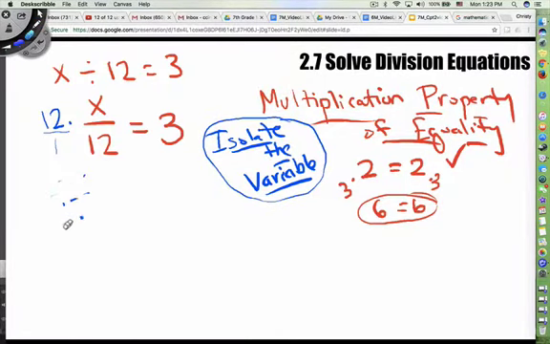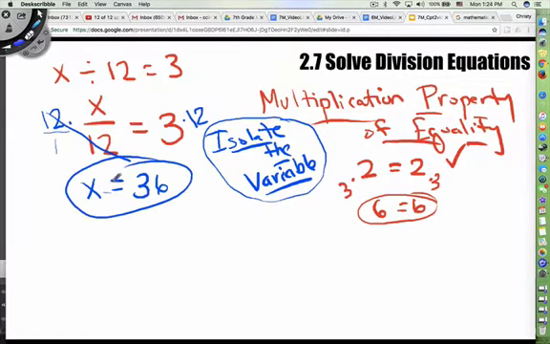You don't even have to write the over 1, except if it helps you see it a little bit better. By doing that to both sides, you're canceling this out. You get x by itself, nice and isolated, and then you get your solution. As it turns out, 36 divided by 12 is equal to 3, and we circle our answer.